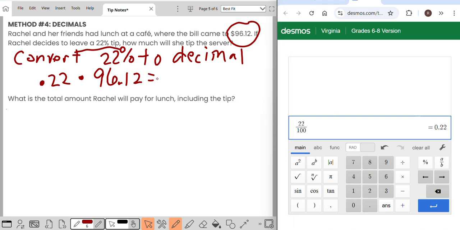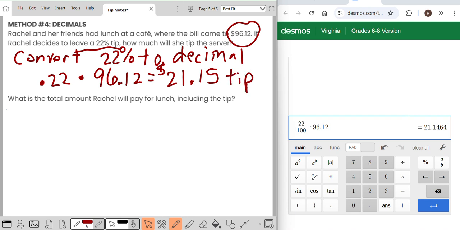Because I already have it in my calculator, I might as well use it. And I'm going to multiply times 96.12. And that gives me $21.15, because that 6 pushes that 4 up.